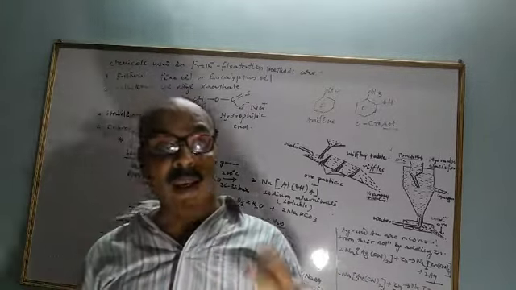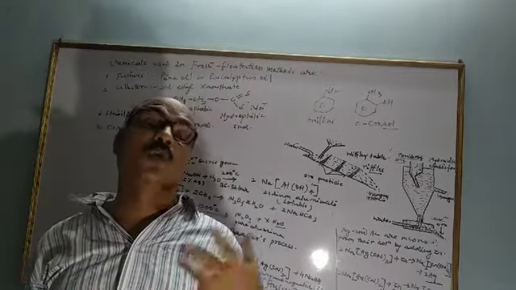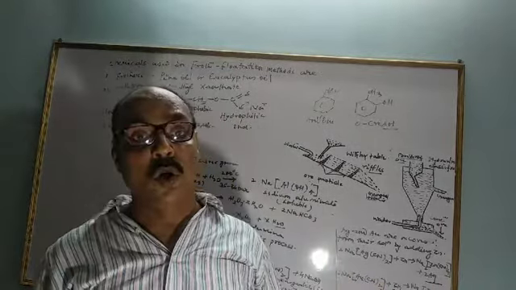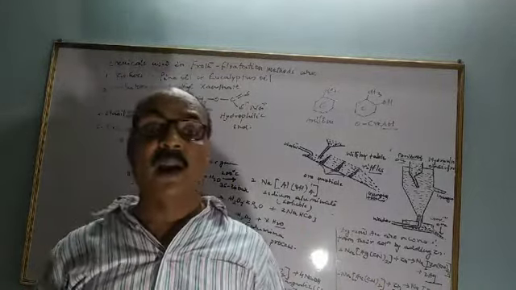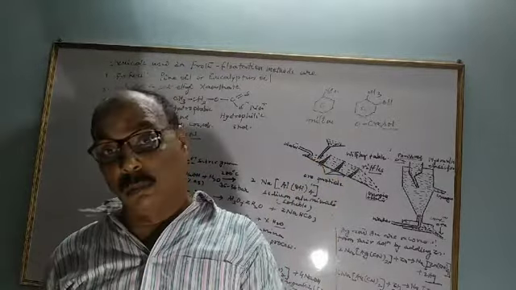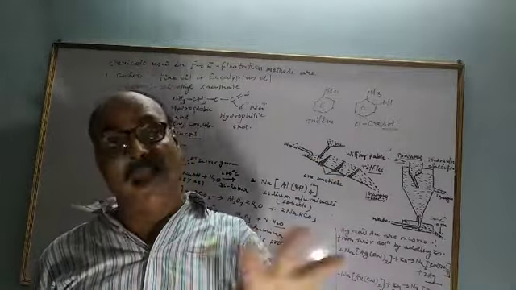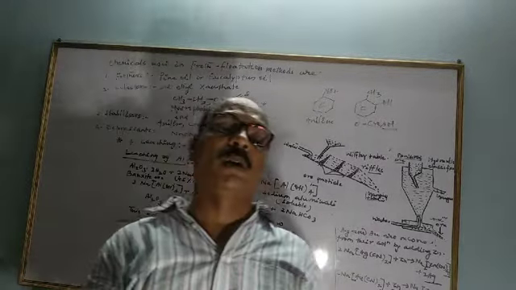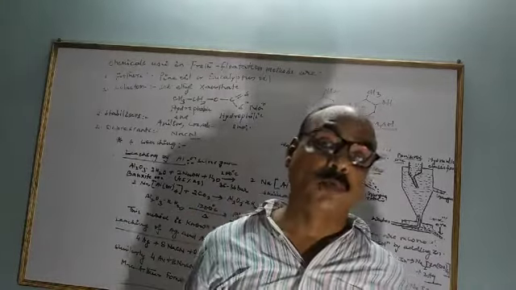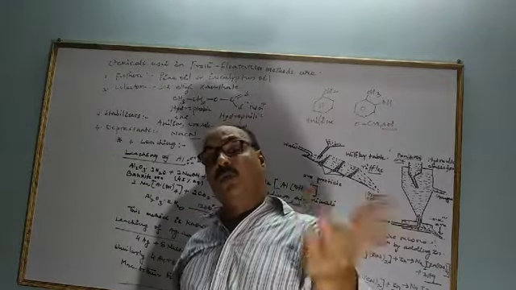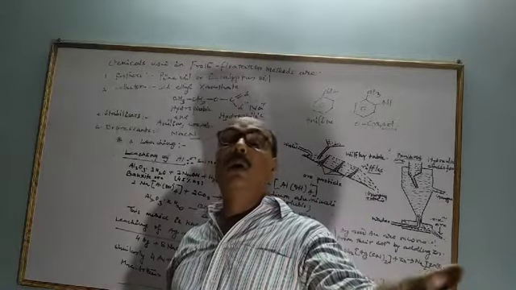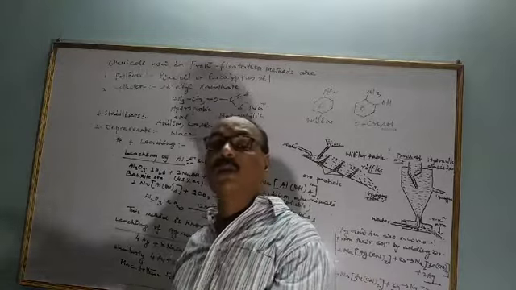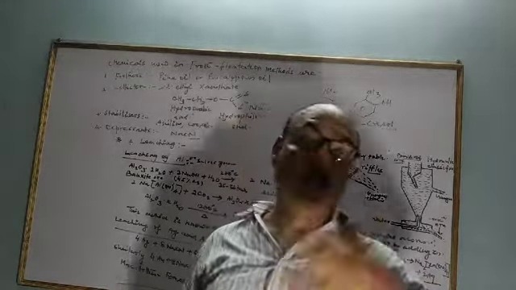So the galena is concentrated by froth flotation method, but it contains as an impurity zinc sulfide also. So zinc is a metal, and with that associated is sulfur. Lead is also a metal, with which sulfur is associated. So what to do when there are two sulfides? Because if both the sulfides form the froth, in that case we will have problems thereafter during the conversion of metal ore into the crude metals.